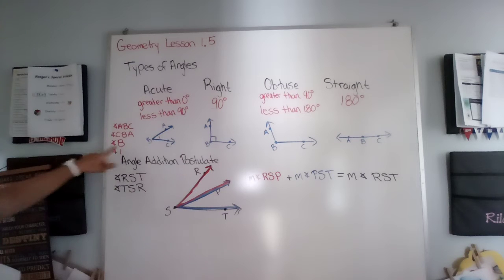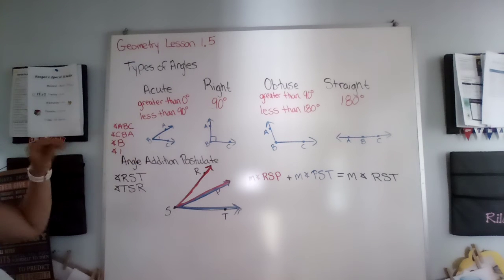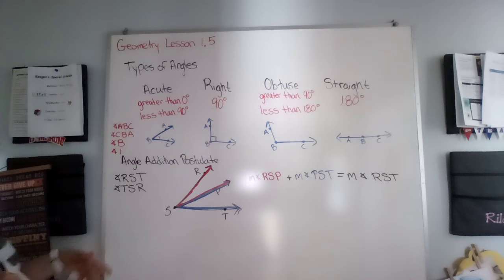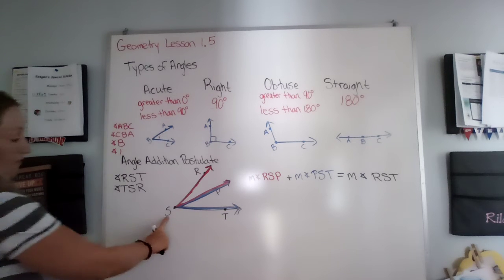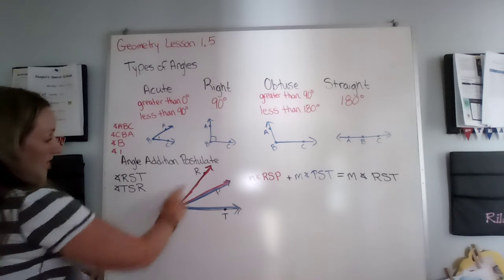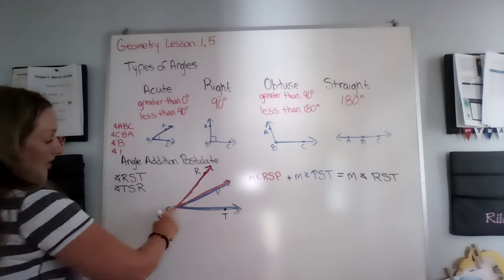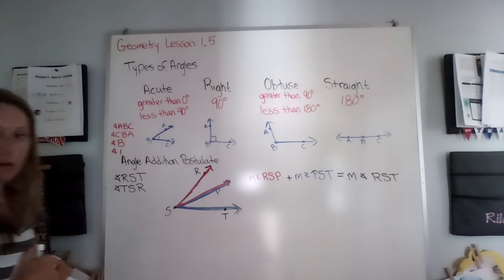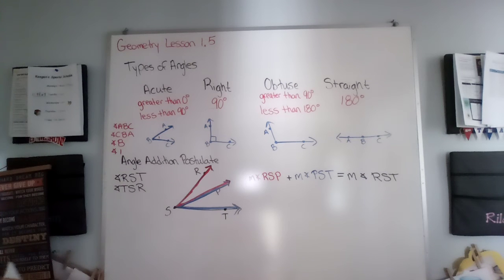Okay, and I said I was going to talk about situations where you can't use the single vertex letter. The reason I can't say, hey students, look at angle S, is because S is the vertex of the big black angle. It's the vertex of this red angle. It's also the vertex of the blue angle. So since it's a vertex of more than one angle, I can't just use that letter to name one of the angles, okay?